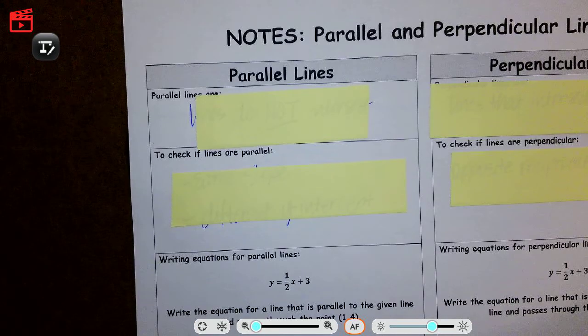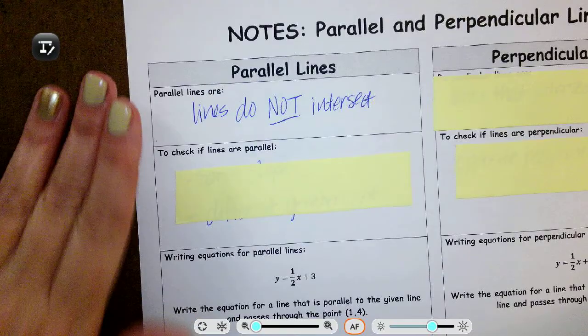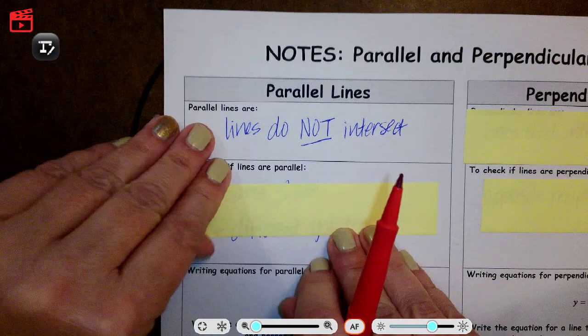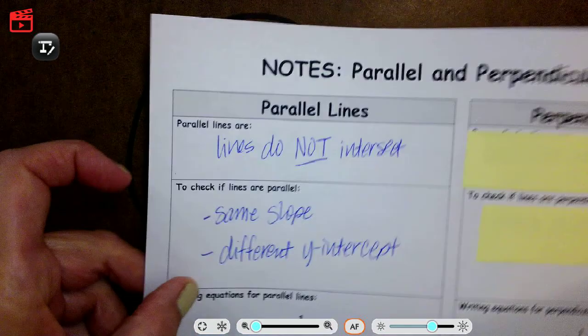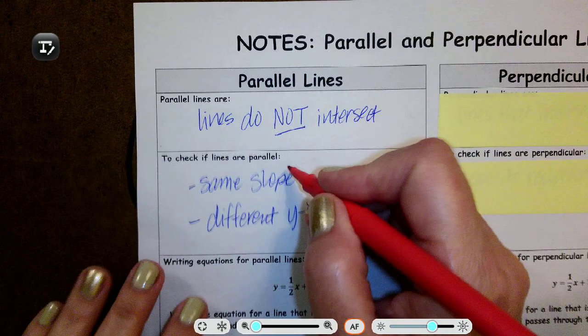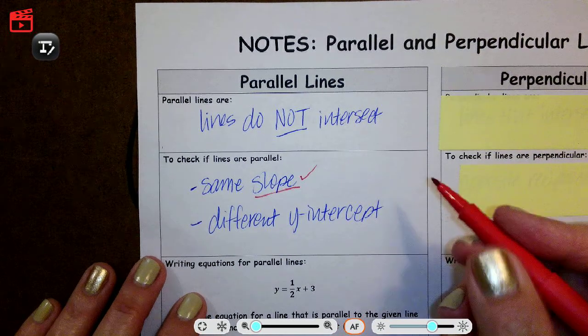All right. So, we're going to take a look at parallel and perpendicular. And you know what? Yes, this is review, because we have discussed parallel and perpendicular before. We know parallel lines don't intersect, right? And we also know that when you're looking at the equations, the slopes will be the same, but they will have a different y-intercept.